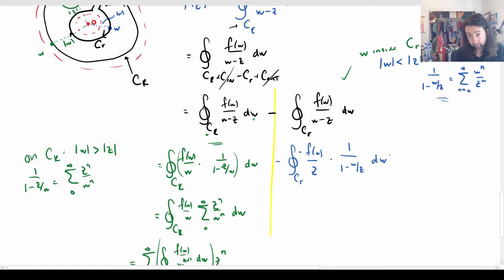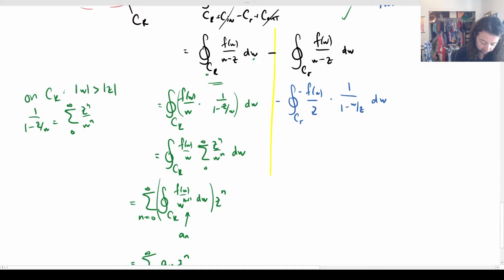And now I've got two negatives, so those can cancel. And this I'm allowed to use the geometric series formula on. So I get plus the integral over C_r of f of w over z times the sum from n equals 0 to infinity of w to the n over z to the n dw.